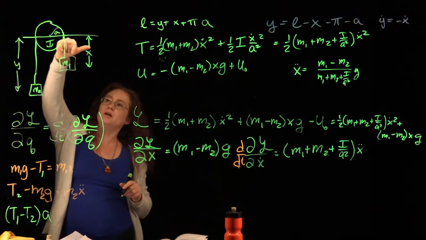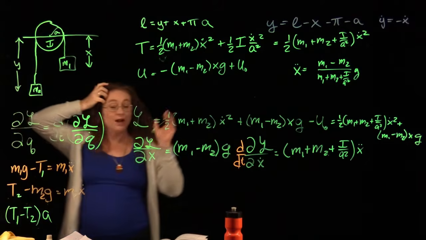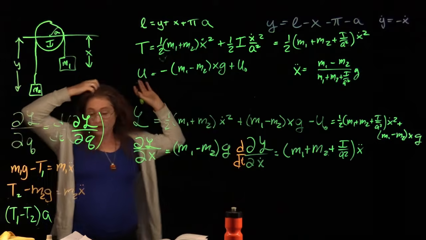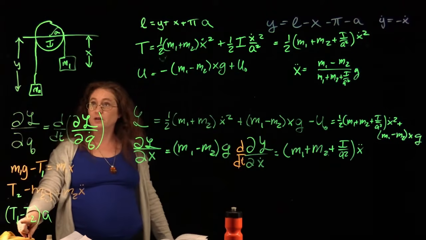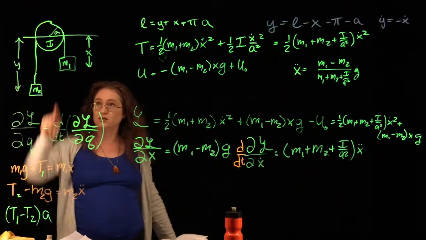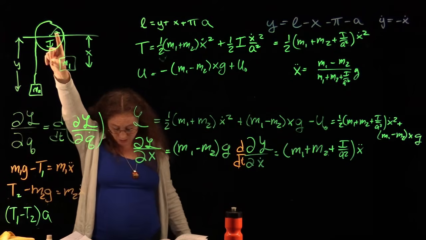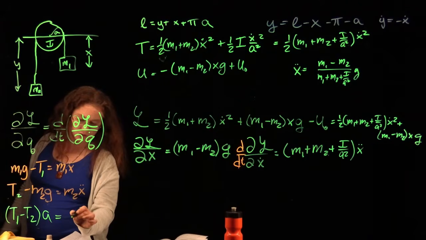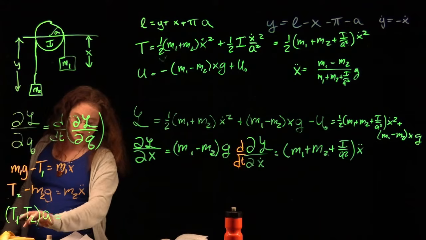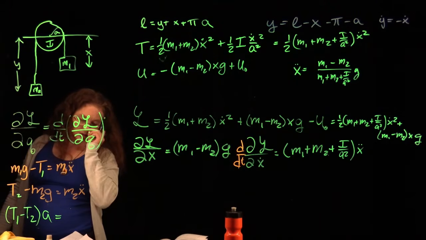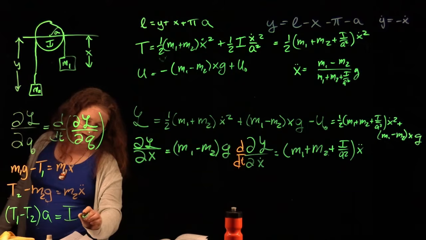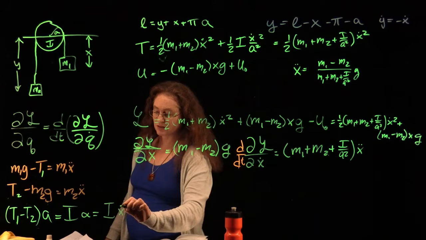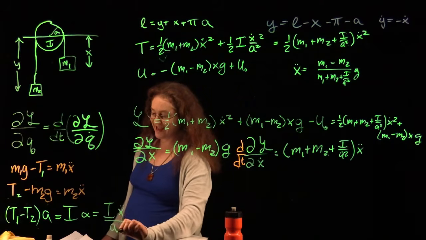Let me not do the cross product. When I want the acceleration to be positive, T1 should be larger, and this is then equal to the torque, which is equal to I alpha, which is equal to I x double dot over A.